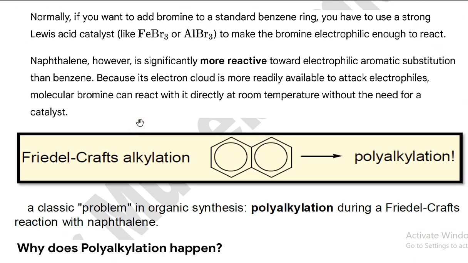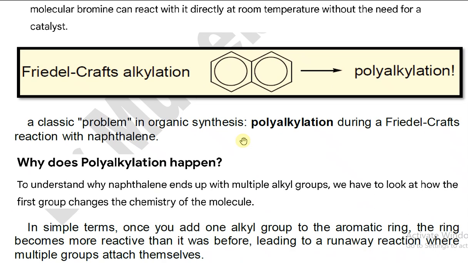The problem, for example, with the Friedel-Crafts alkylation of naphthalene, is that both rings are active, so polyalkylation will happen, not just one alkylation. This is a classic problem in organic synthesis: polyalkylation during the Friedel-Crafts reaction of naphthalene.